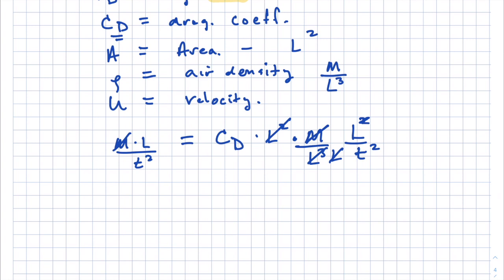Then I have the t's in the bottom, and what do you know? Everything matches up. Here's an L, here's an L, here's the t squared, here's the t squared, and here's the m, here's the m. So everything canceled, which tells me that CD is dimensionless.